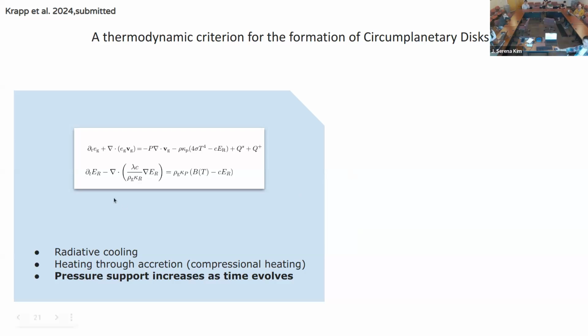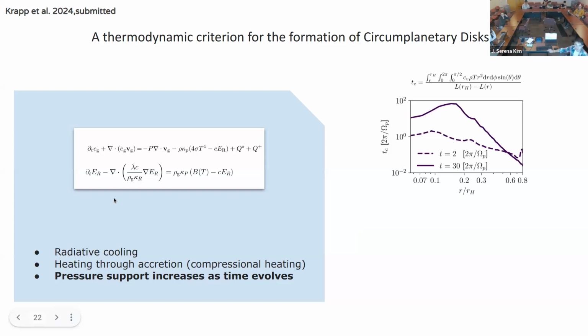When you look into the energy equations, you can estimate a cooling time. Basically, you're looking at the budget of internal energy in your system, and you can assume that the transport of energy is going to be dominated by this term here, which is the radiative flux, cooling through radiation.